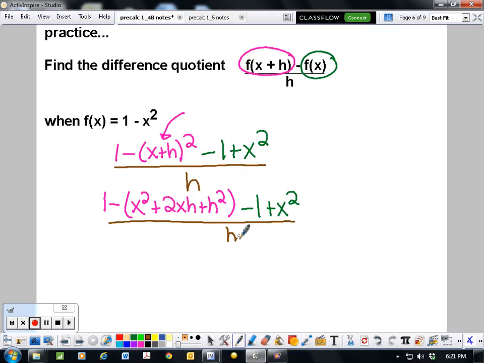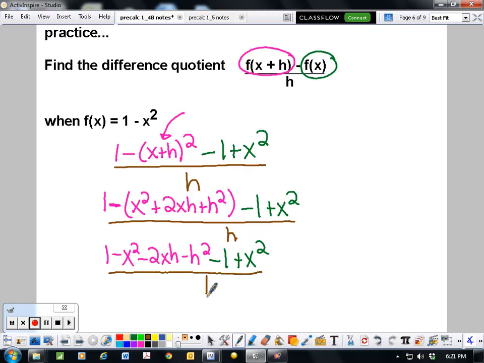Next thing I'm doing is I'm going to go ahead and distribute this negative inside. So now this is 1 minus x squared minus 2xh minus h squared. And then I have that minus 1 plus x squared. And we all know what's going to happen, but we mathematically still have to work it out. We know those ones are going to cancel. We know those x squareds are going to cancel. And that's the whole purpose of our difference quotient. And we are now left with that negative 2xh minus h squared.